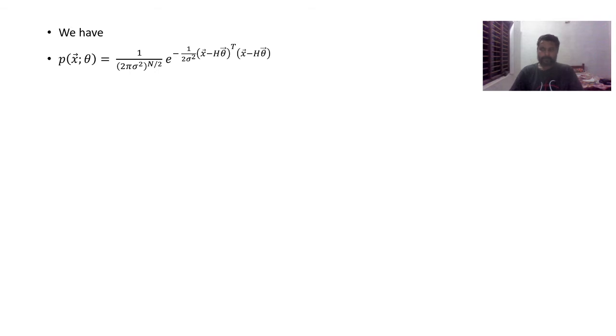I can represent p of x, theta in this form, where instead of x minus mu the whole square for the scalar case, we get x minus h theta transpose into x minus h theta.